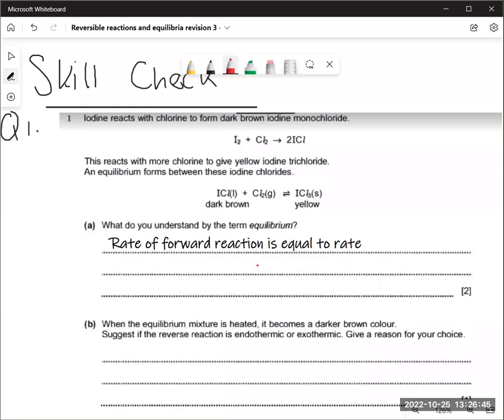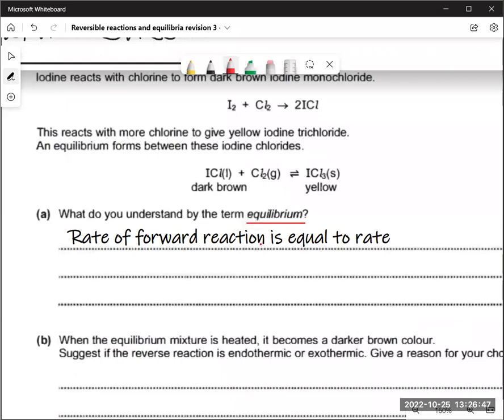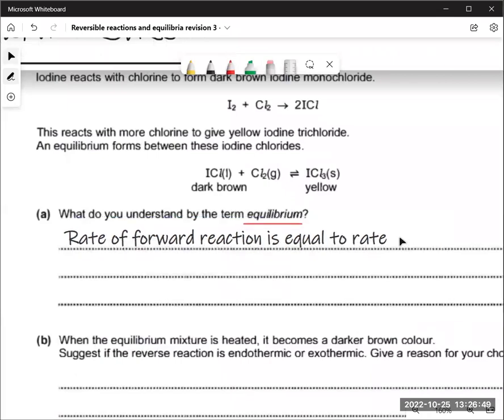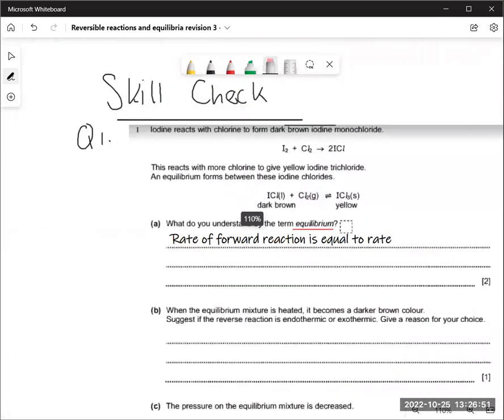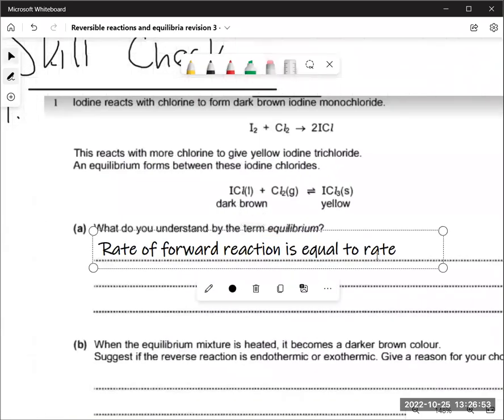So write the word equilibrium and then write this in your notebook. Tell me when you're done writing. Just write equilibrium, then put an arrow as the definition: rate of forward reaction is equal to rate of backward reaction.